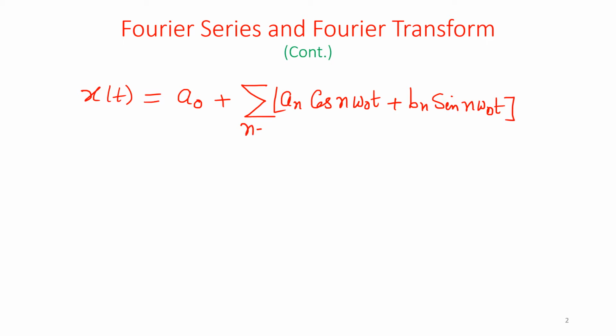And n here are all integers starting from 1 to infinity, where omega naught is the fundamental angular frequency. It is 2 pi upon T naught, that is, the unit is radian per second.